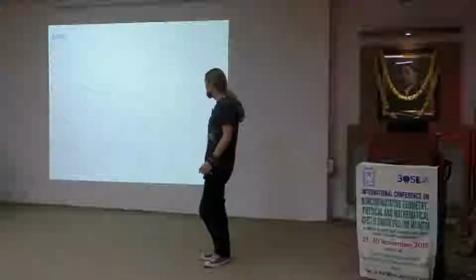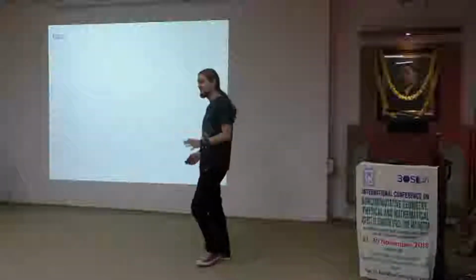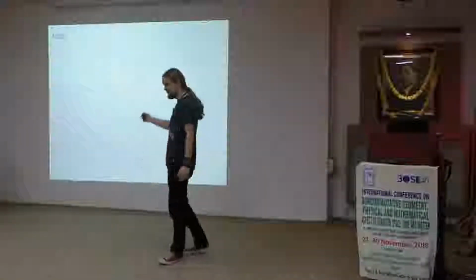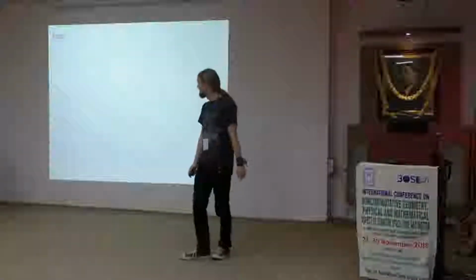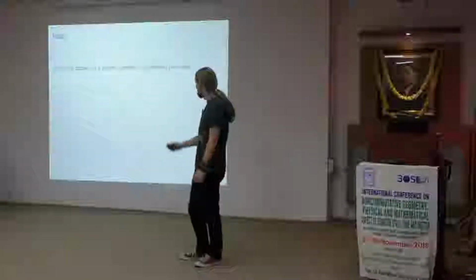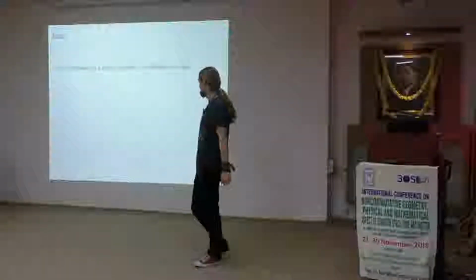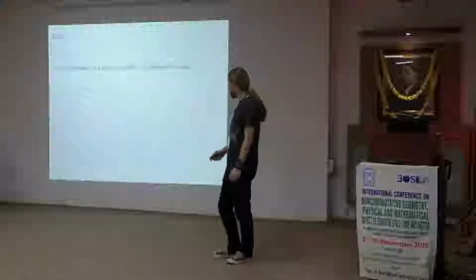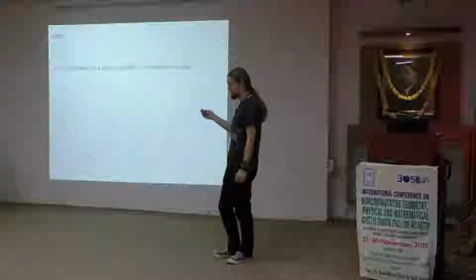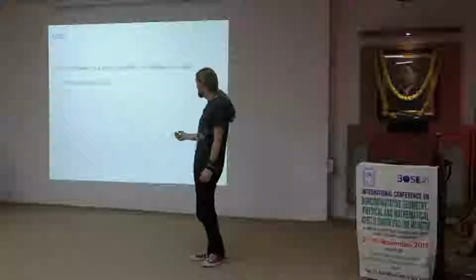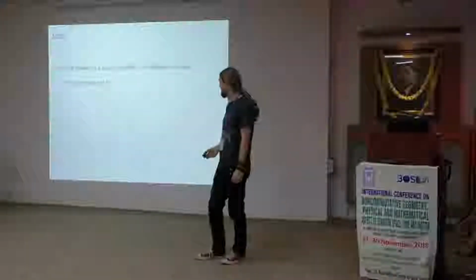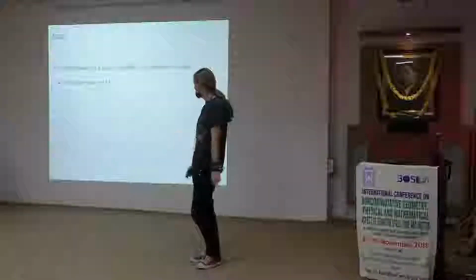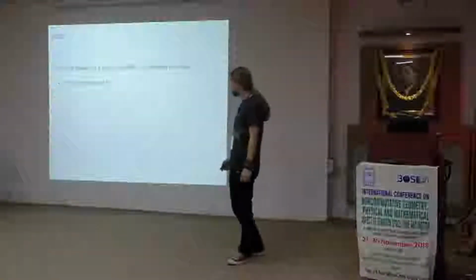And actually, the first slide is very similar to something that Baal told us in his talk. It's almost the same slide, I would say. So what do I want to do? I want to find a star product on a smooth manifold M by doing the following. First of all, I want to find a symmetry G on M, and I will tell you what this symmetry is later.